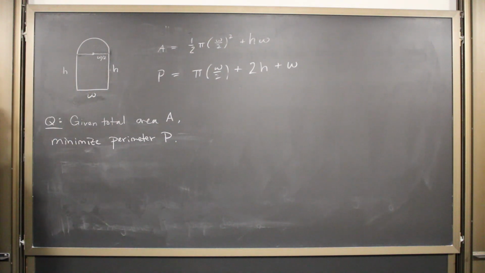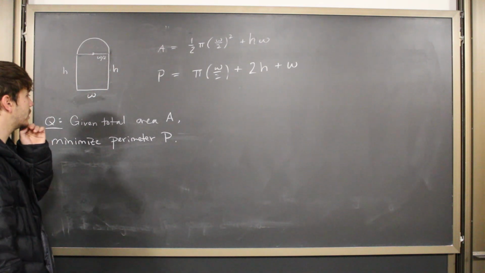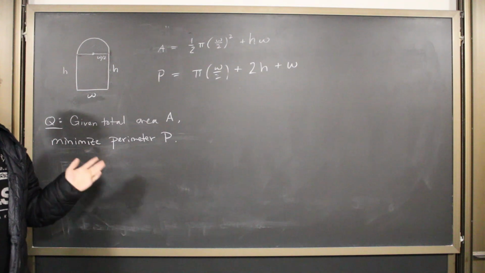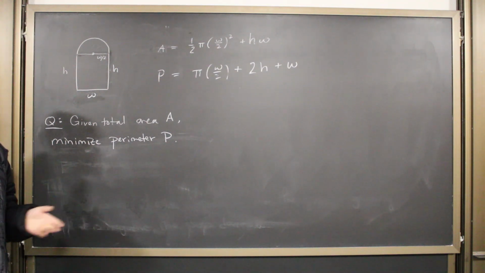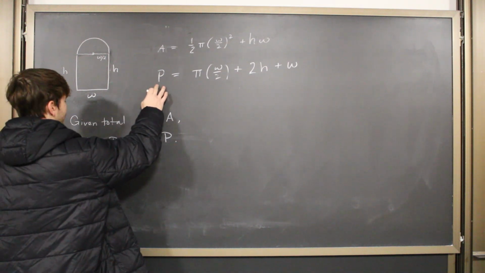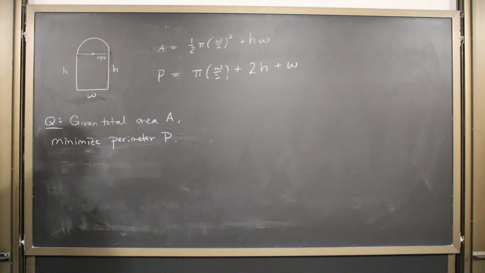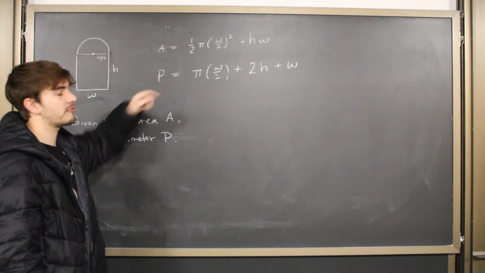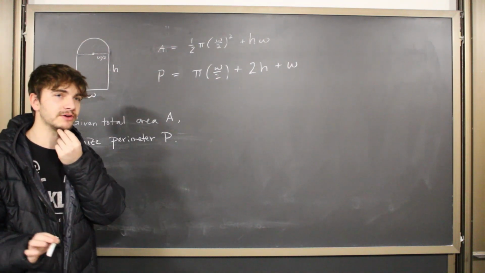Okay? So now that I have these formulas, I know that A is a fixed number, so I'm given A by, let's say, a contractor. Might be like 20 square meters for a huge window. And I want to minimize P. So the minimization of P is basically enforcing that the derivative of P should be 0 if P was a one variable function.